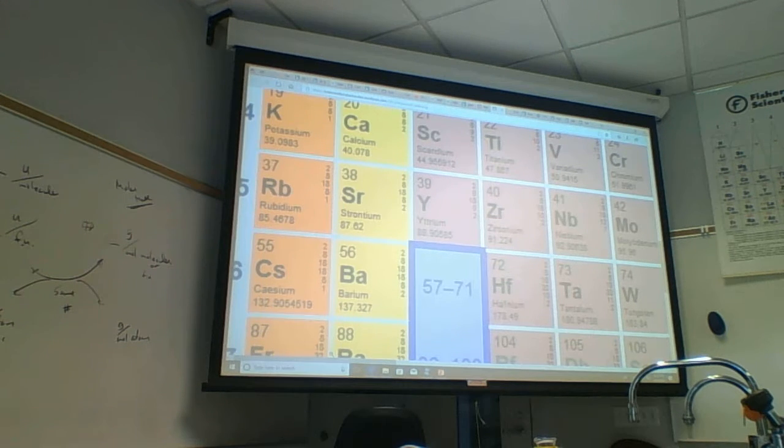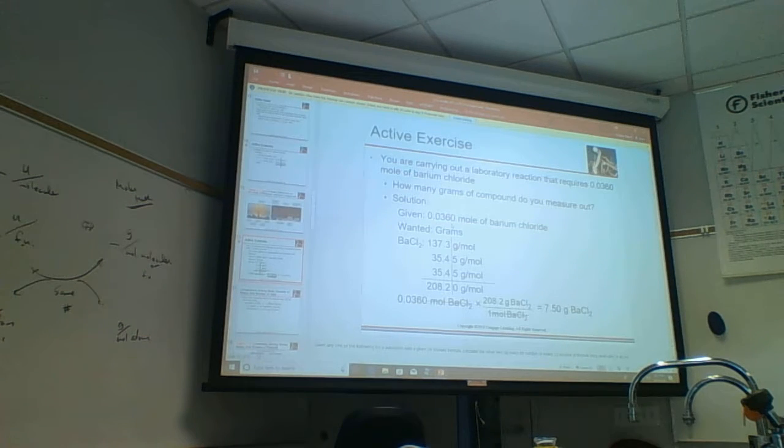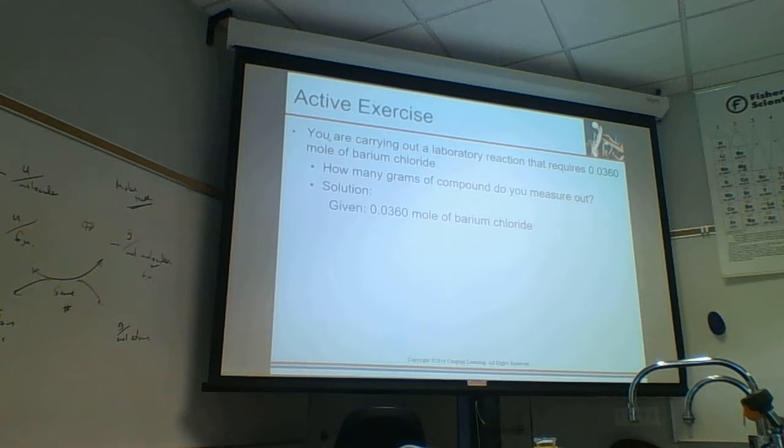And two of them are very common, so 70.90 and 137.33, which gives me 208.2.